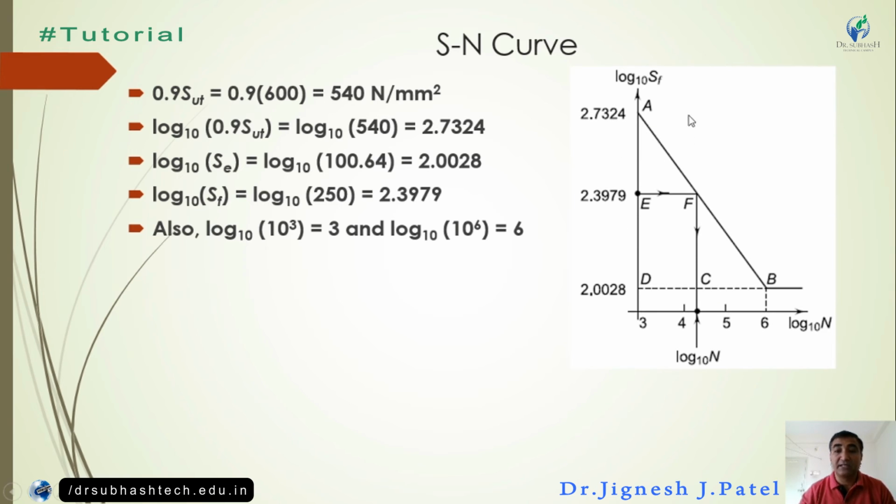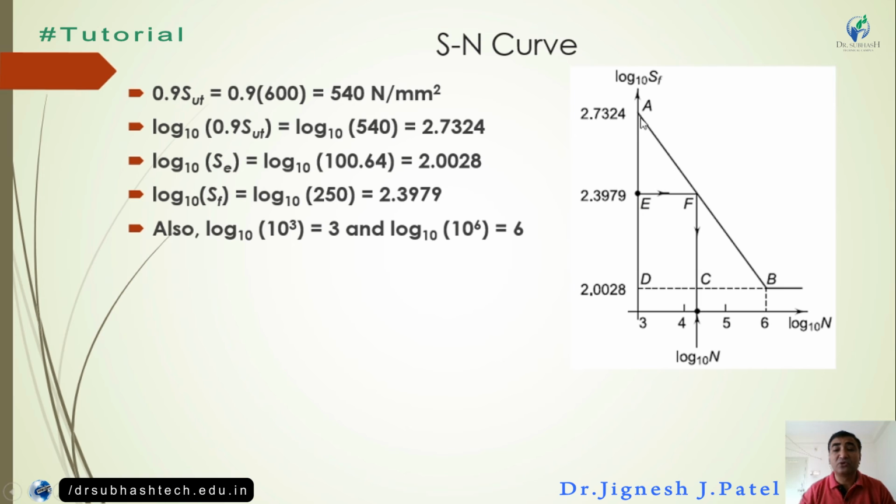You can see at point A it is log 0.9 SUT, and the value is given. At point B it is log SE. Now the value of SF is given here, 2.3979. We have to find the corresponding life, the log N, here.